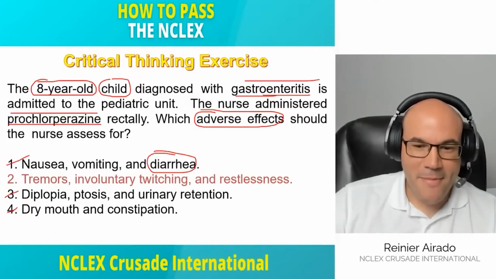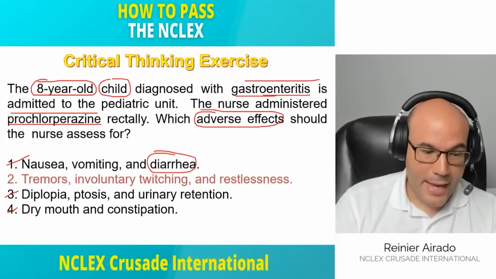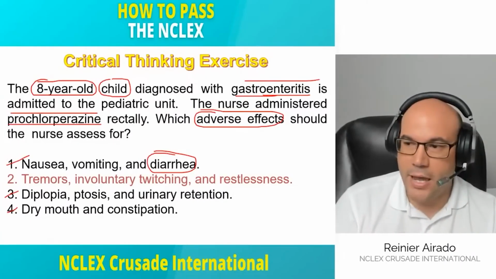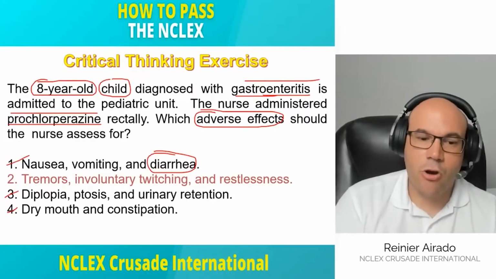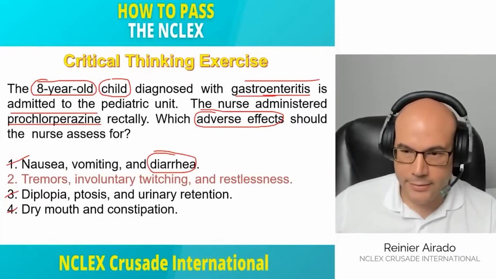Now, remember, I said at the beginning that you have to watch for an adverse effect that you could see on patients that we give prochlorperazine. There is something called extrapyramidal reaction, extrapyramidal effect.